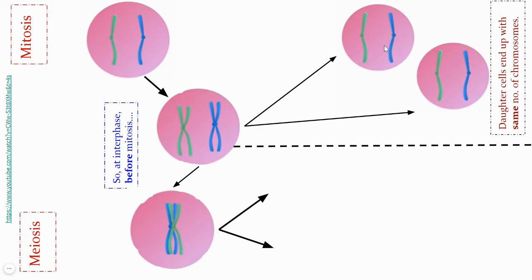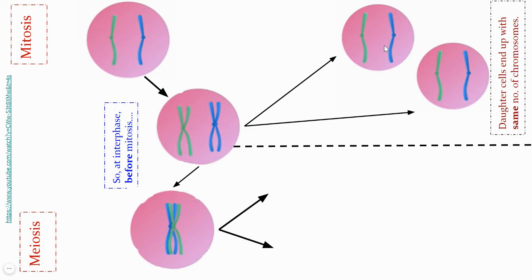So let's say this cell, whose example we have taken, has one set of chromosomes from the father, maybe the blue one, and the green one has come from the mother. So there is a homologous pair. That is, both these chromosomes have similar genes in them, but one has come from the father of the person whose cell this is, and one has come from the mother.